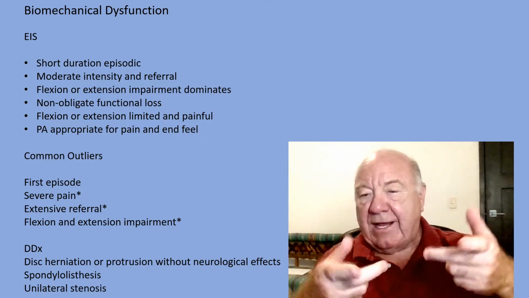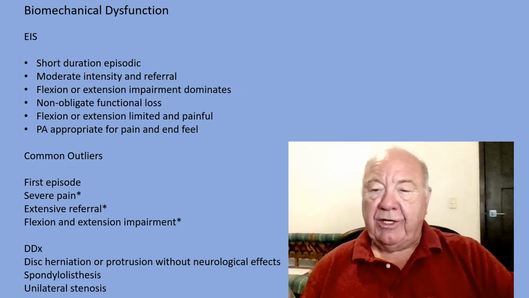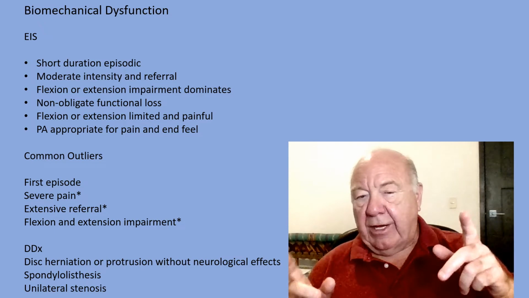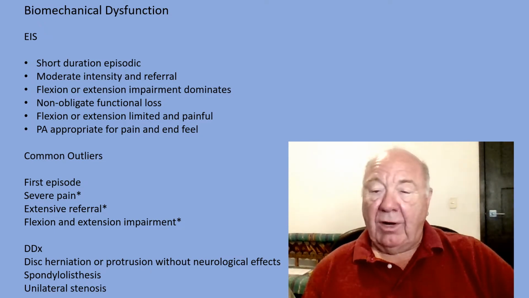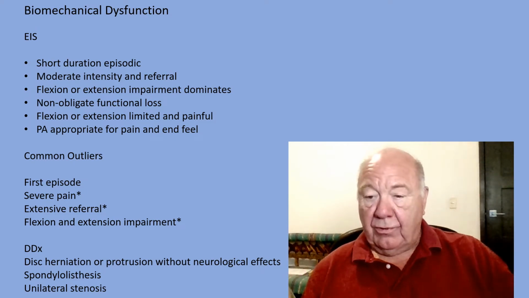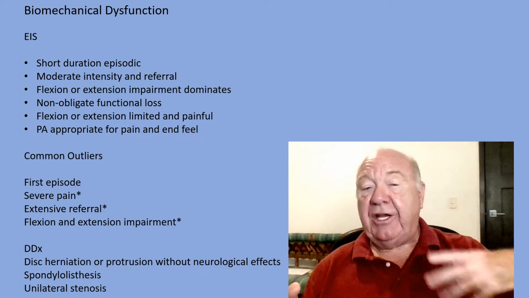But you end up back into biomechanical as an outlier, an atypical biomechanical dysfunction from that. And there's no doubt about it, trying to differentiate between an outlier and something else that looks more like what you've got is very difficult, and you have to go through the stages of doing that.